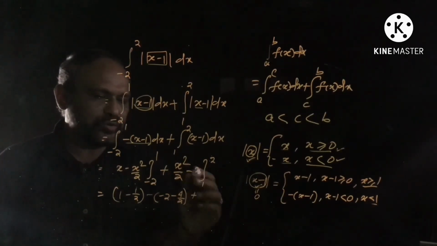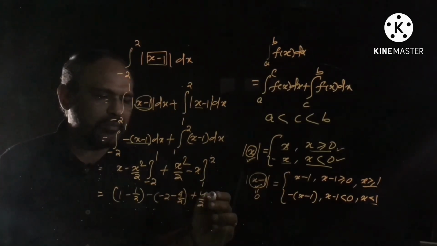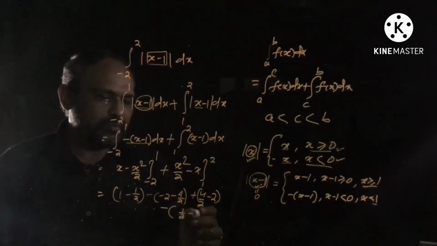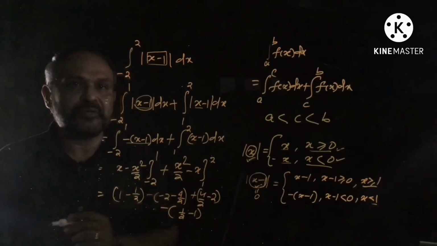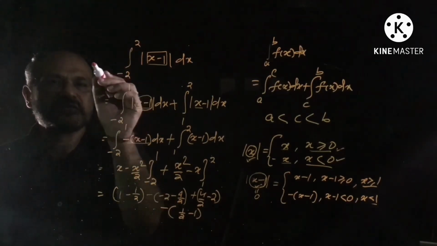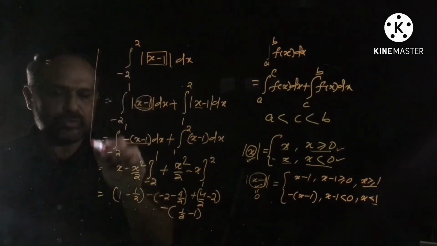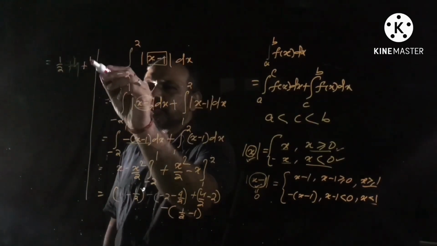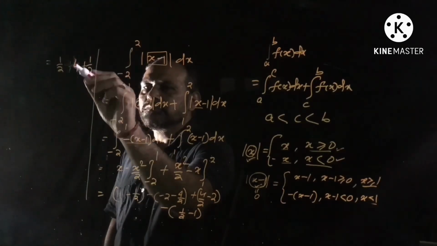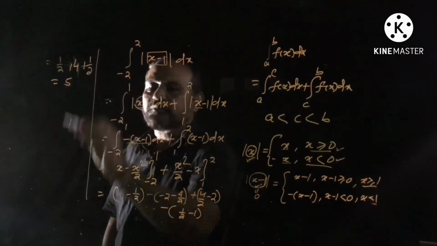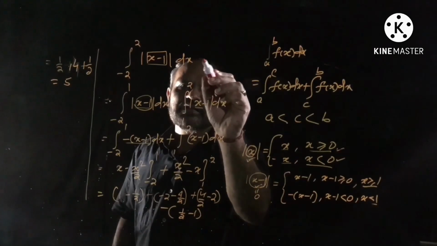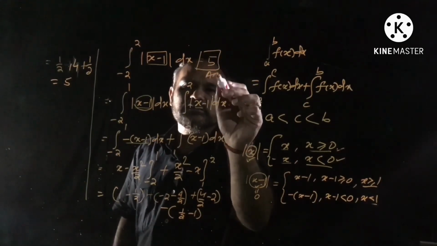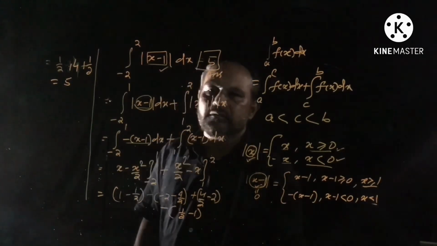Put x equal to 2: 4 by 2 minus 2, minus 1 by 2 minus 1. On simplifying, we get this value equal to 1 by 2 plus 4 plus 1 by 2, that is equal to 5. So the value of this integration is equal to 5. This is the answer of this definite integral.